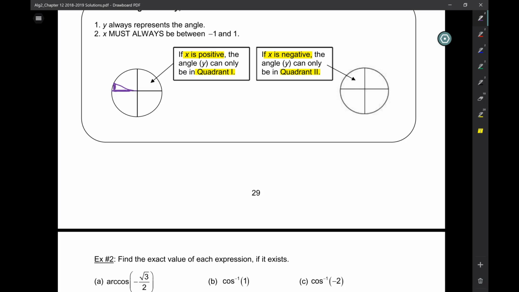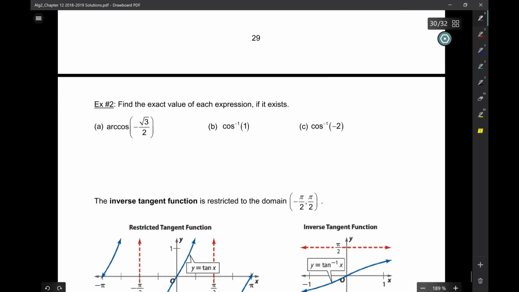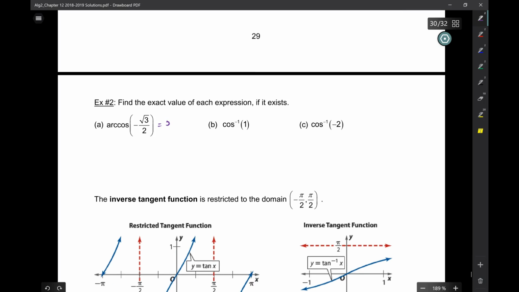So, if it's pi over 6 in the second quadrant, what pi over 6 is it? 5 pi over 6. Inverse cosine of 1. So the angle for which the cosine is positive 1. It has to be x is 1, y is 0, so 0.